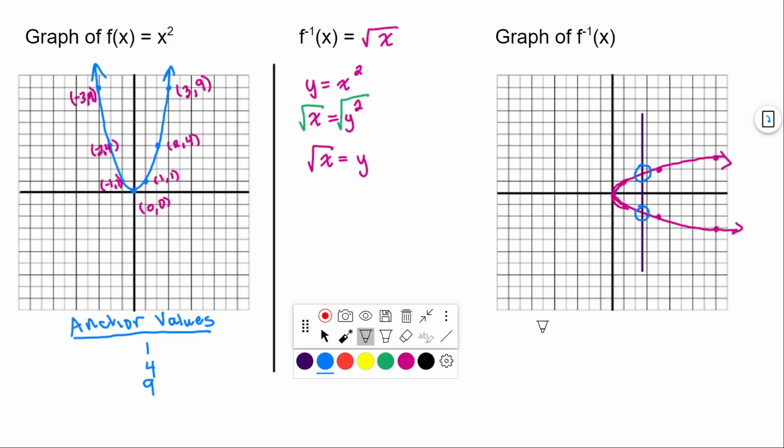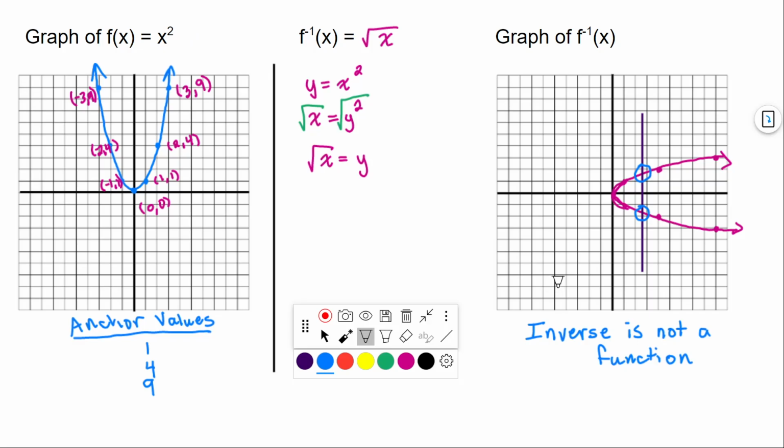This means that my inverse is not a function. So we would say that the function f of x equals x squared is not invertible for its domain. We have to restrict the domain on quadratic functions in order to make it invertible.